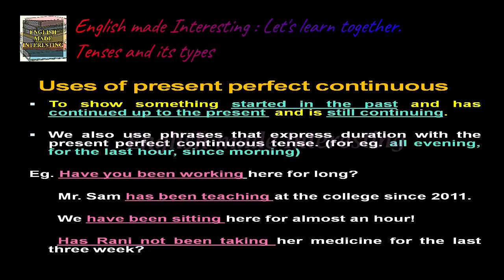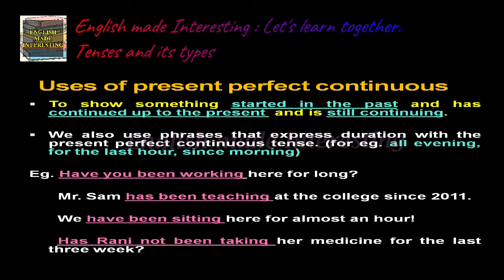Now over to the uses of present perfect continuous. It is used to show something that started in the past and has continued up to the present and is still continuing.